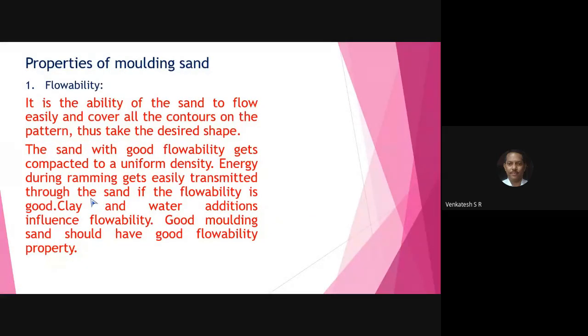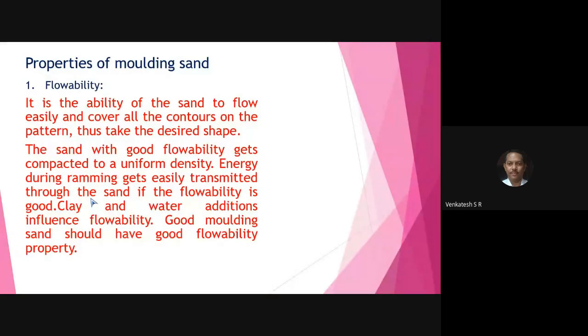Next, all of you write down properties of molding sand. Underline that. The first property of molding sand is flowability.